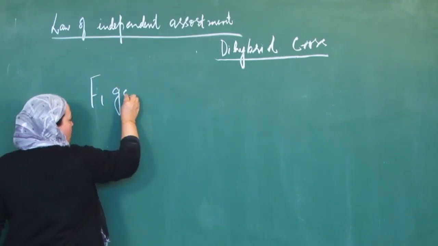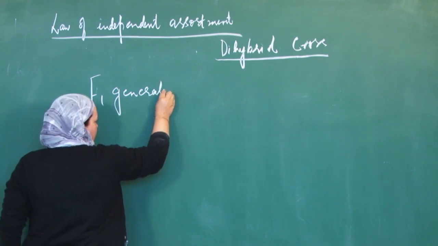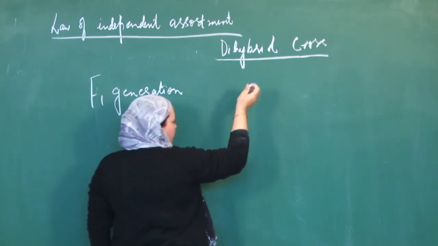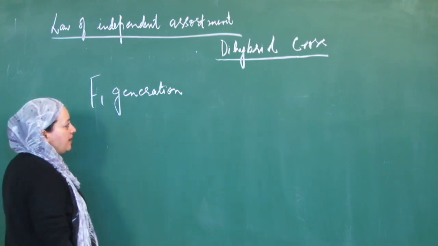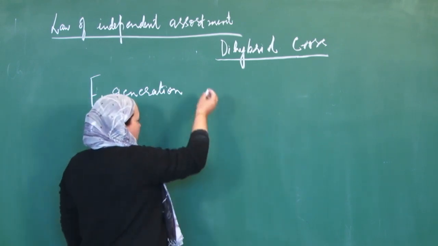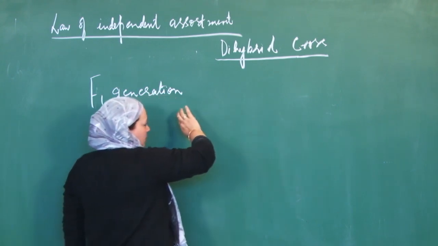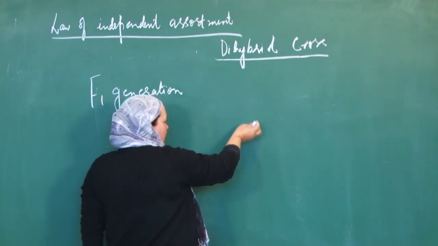F1 generation, all the pea plants were having seeds which were round and yellow. Mendel allowed them to self-pollinate.